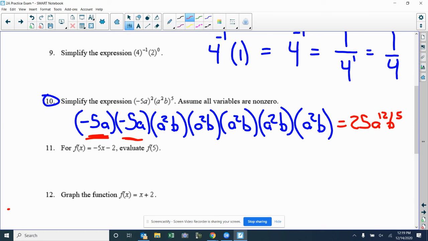Because that is to the 5th. So this is 25, a to the 12th, b to the 5th, not 12/5.